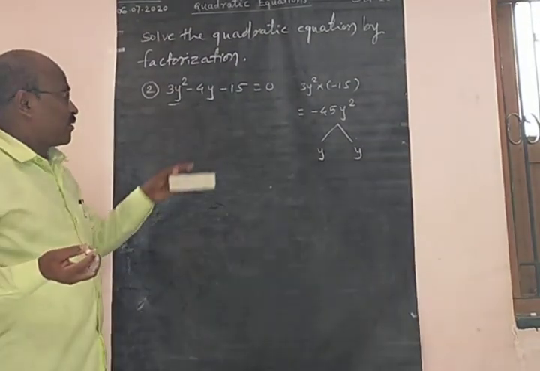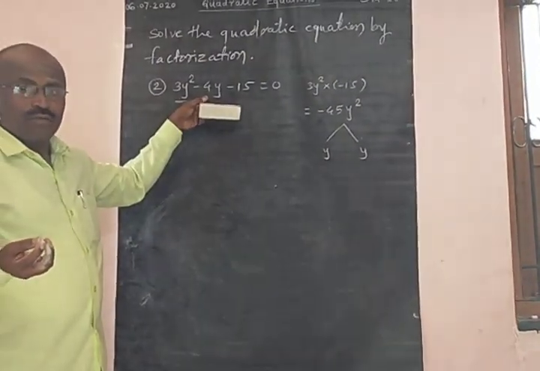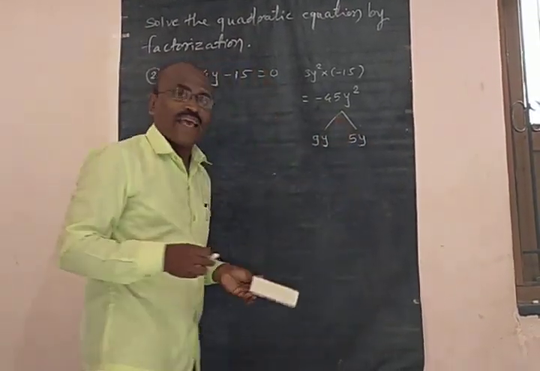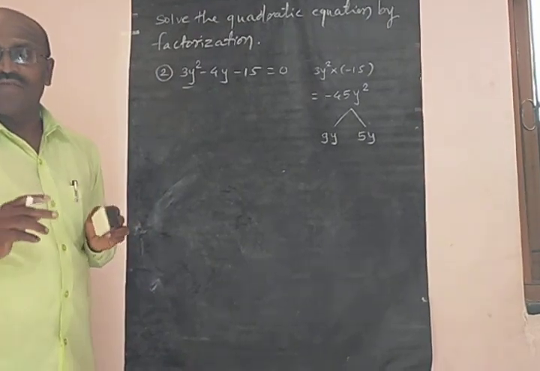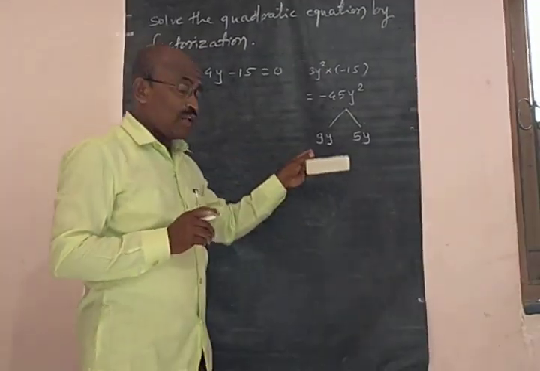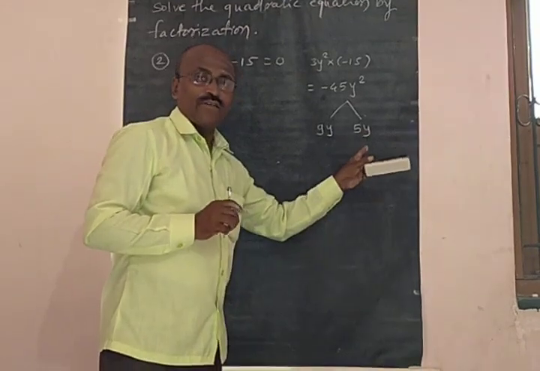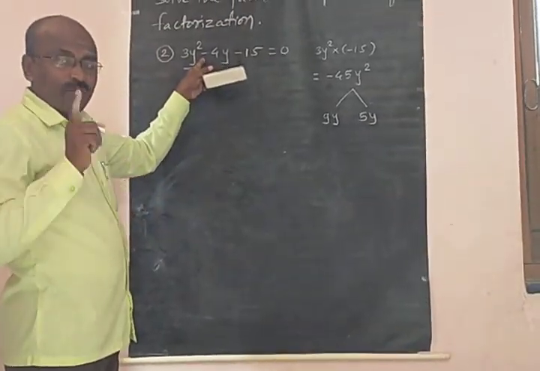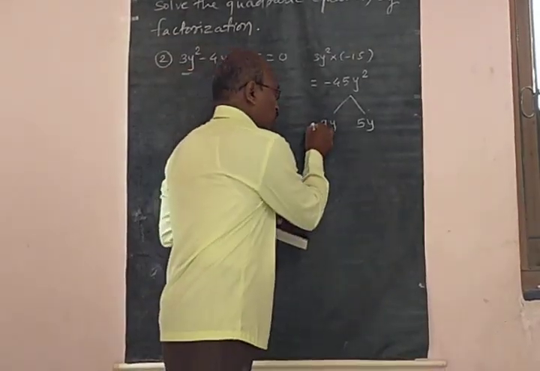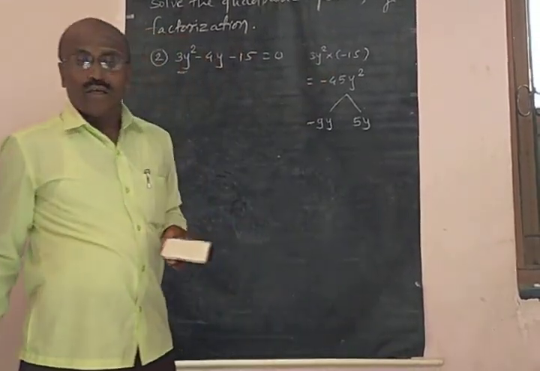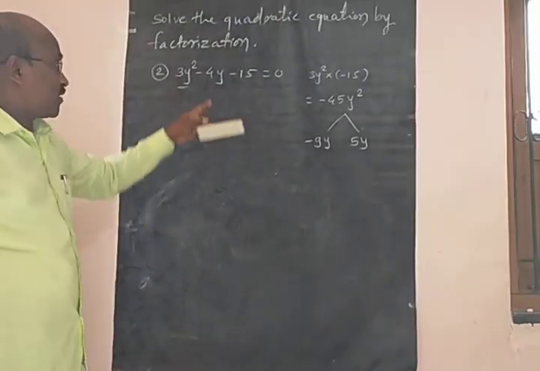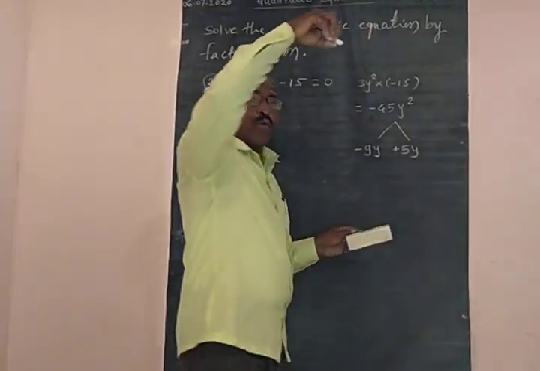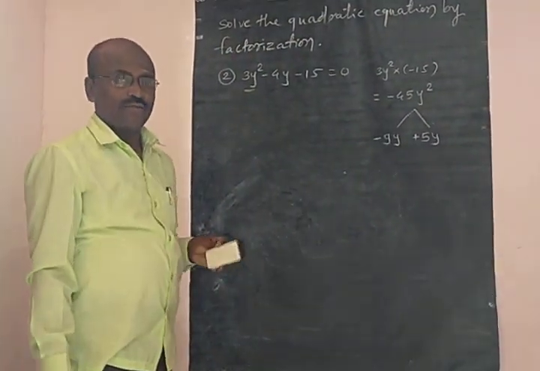Factors of 45, 9 into 5, 9 fives are 45. 9 minus 5 is 4. Now the sign of the middle term is minus, so we have to take the sign of the bigger factor as minus and the smaller one has the opposite sign, that means positive.